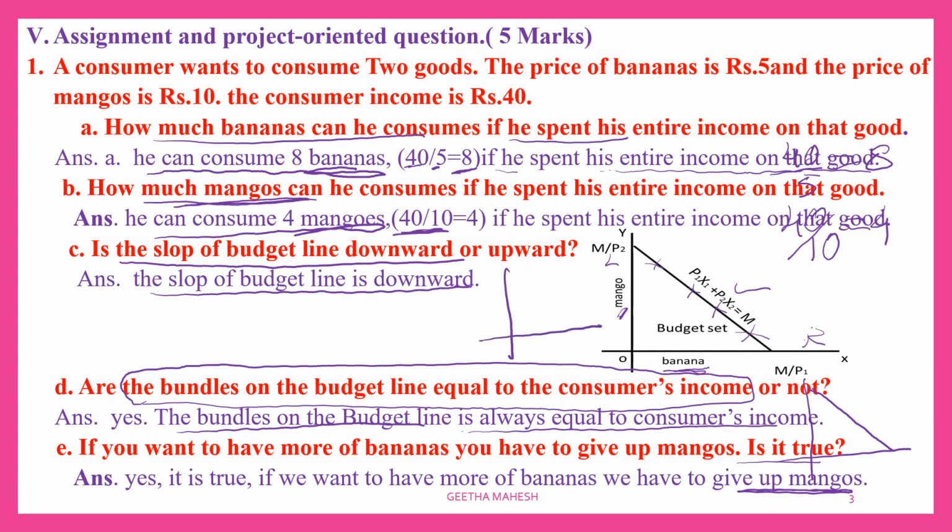You can see here a consumer is at point A, let us assume, consuming B1 units of banana and M1 units of mango. If he wants to have more bananas, say combination B with B2 bananas, then he has to reduce the mangoes from M1 to M2. So there is a decrease in the number of mangoes in order to have more bananas.